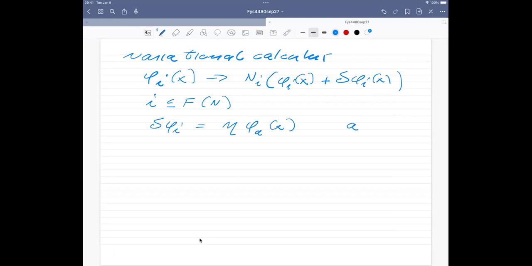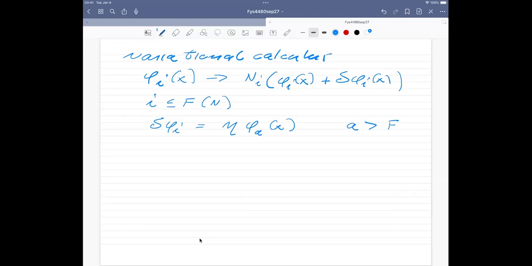And this a is now larger than the Fermi level. So we are assuming now that we are mixing in some components from a state above the Fermi level. So this is just an assumption we are making about this change in the wave function.